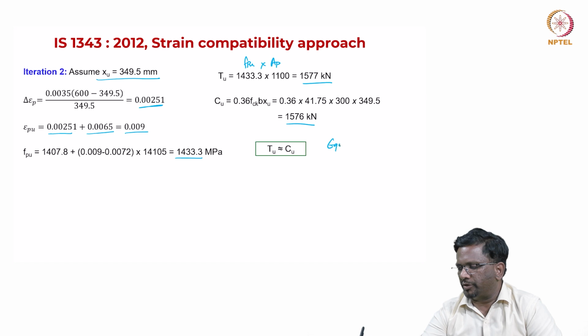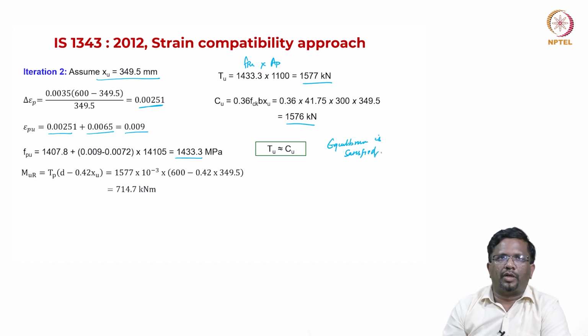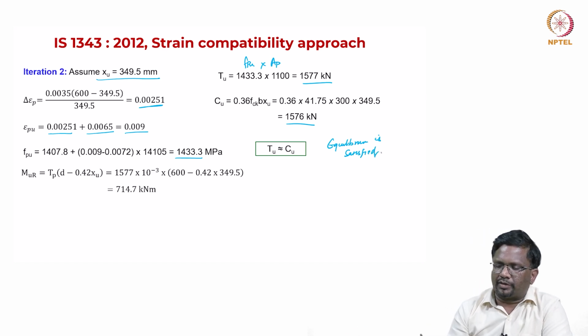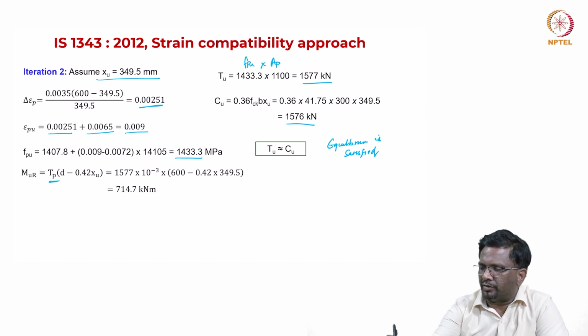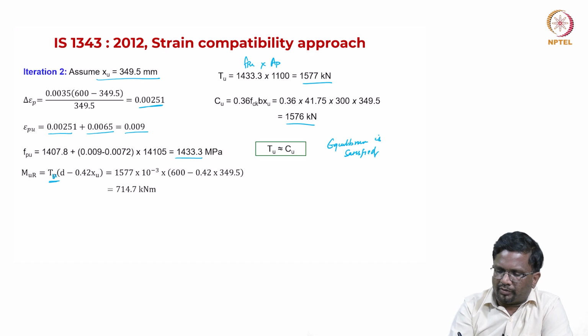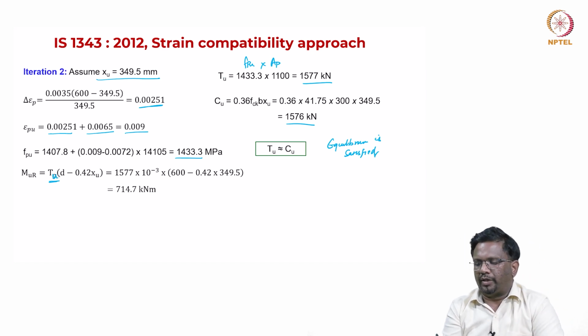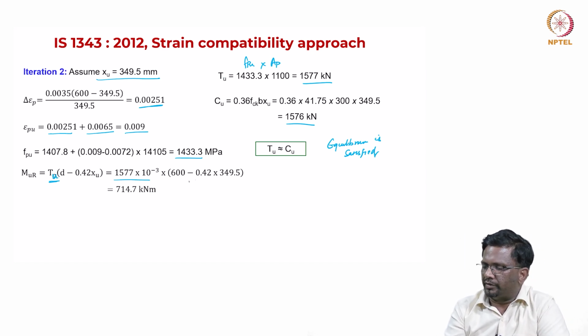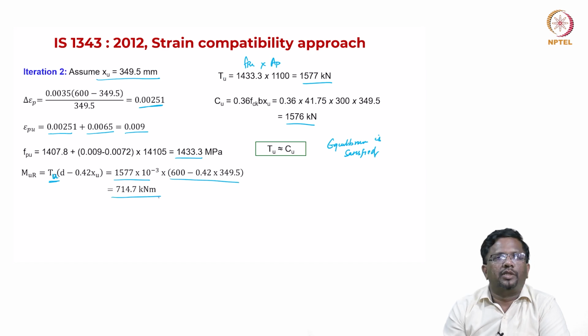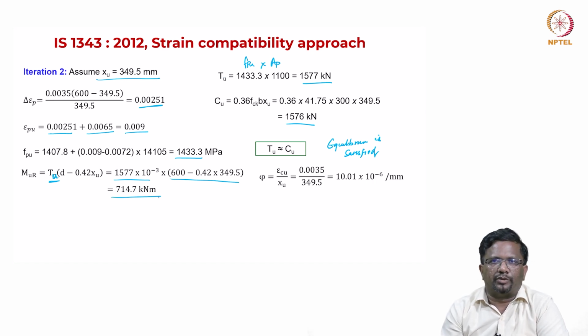So, equilibrium is satisfied, right. Then moment resistance I can get: Tp is the tension force in the pre-stressing steel, or maybe I should say here, this also Tu or Tp or whatever, right, and 1577 into this, and then you get 714.7 kilonewton.